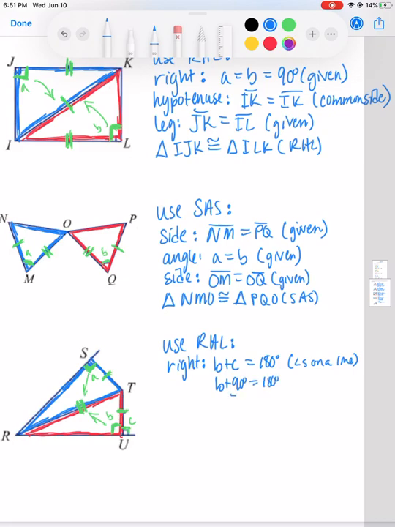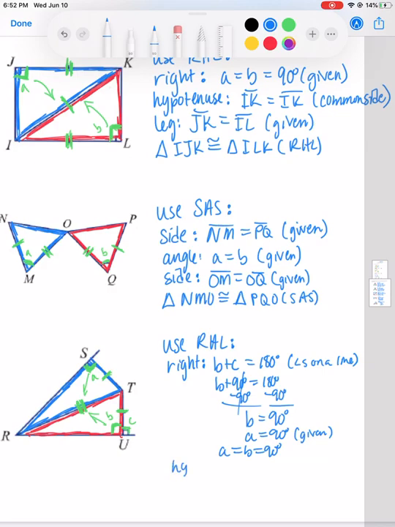So B plus 90 is 180, subtract 90 from both sides. B is going to equal 90 degrees, and A is equal to 90 degrees because it's given. That means that they're both equal. So A equals B equals 90 degrees. Now what you need is to say A equals B equals 90, and for all the other ones you need to end up with A equals B or whatever angles are equal.